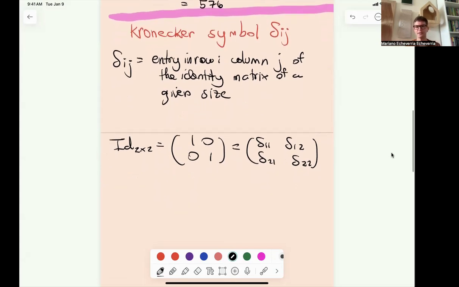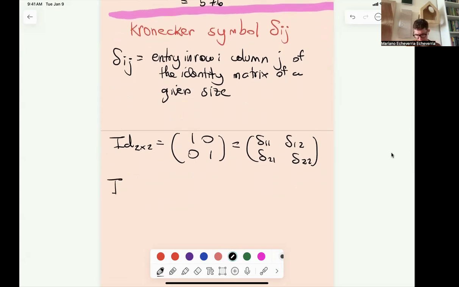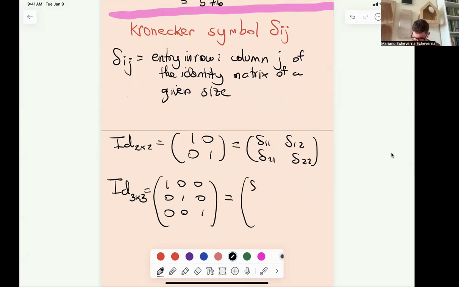The identity matrix of size 3 by 3 is 1, 0, 0, 0, 1, 0, 0, 0, 1, right? And so this would be delta 1, 1, delta 1, 2, delta 1, 3, delta 2, 1, delta 2, 2, delta 2, 3, delta 3, 1, delta 3, 2, delta 3, 3.